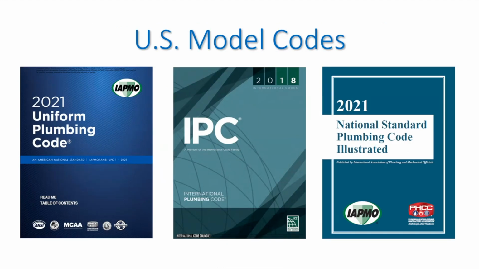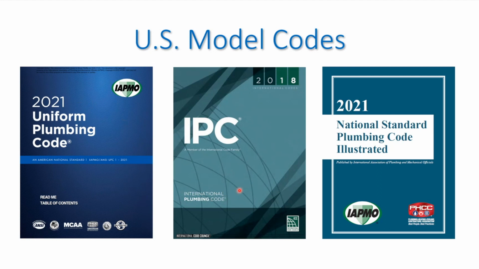And in the U.S., there are 3 model codes, and we call these codes in the U.S. versus standards. We call these plumbing codes. However, there's only one code, the UPC, which is an American National Standard, which is governed by the American National Standards Institute. The other 2 codes here are not American National Standards.